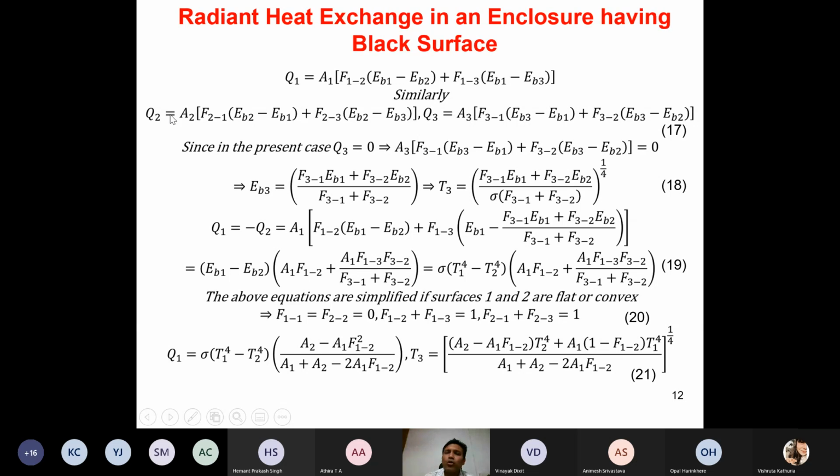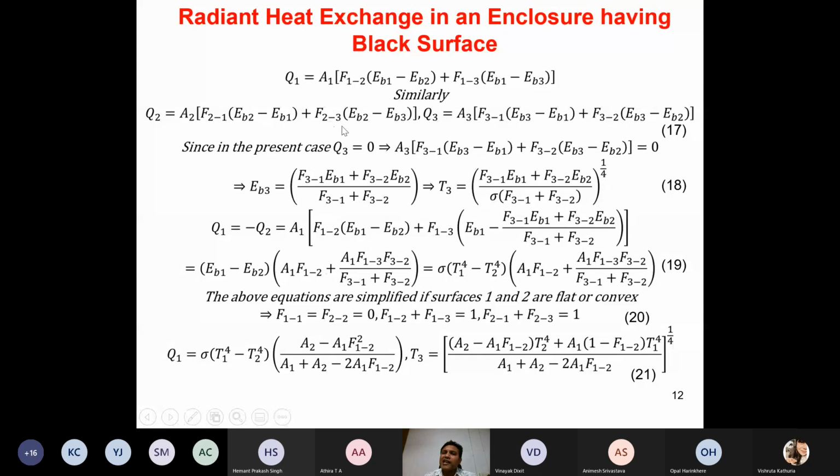Okay, in a similar manner, Q2 we can write down. So Q2 is given as A2 F21. Now we are talking about the rate of heat transfer from surface 2, so that is again multiplied by its corresponding area A2, and F21 is the corresponding shape factor. When it is transferring heat to surface 1, it becomes EB2 minus EB1.